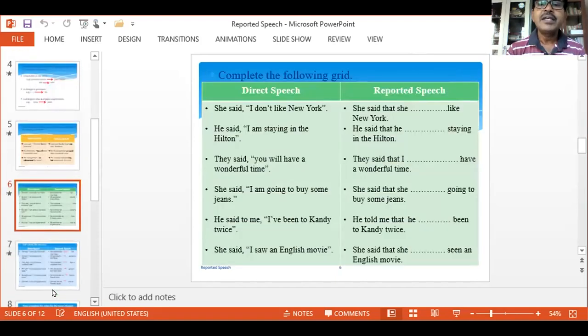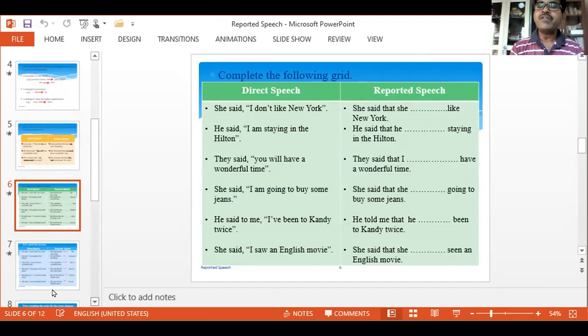Okay, you have a small activity just to check whether you have understood what I have told you so far. Students, I will give you maybe a couple of minutes, 5 minutes, I would say, to complete this activity.